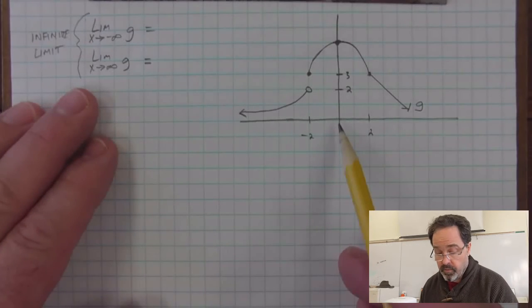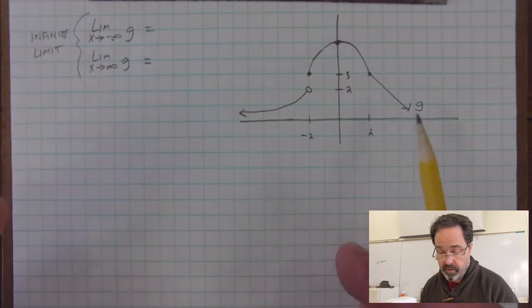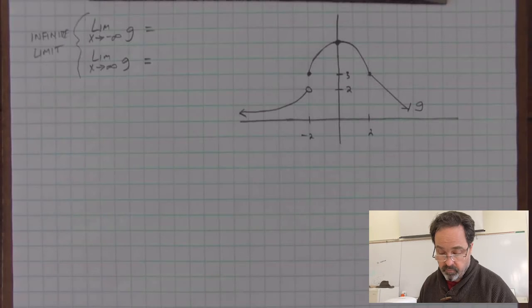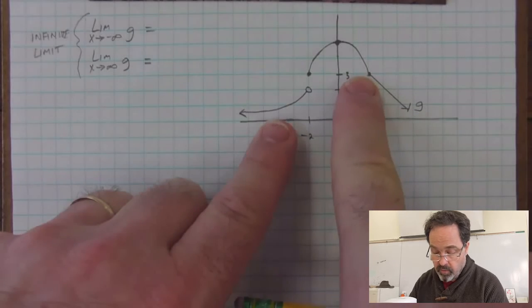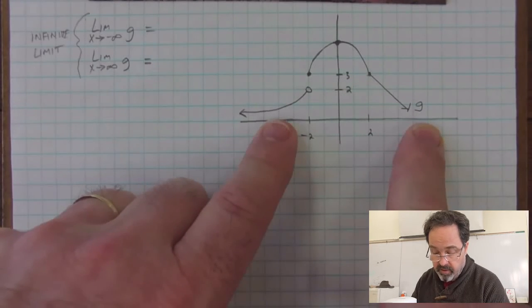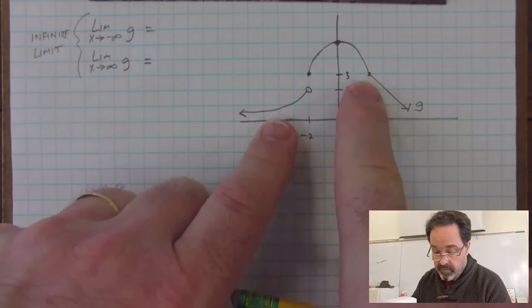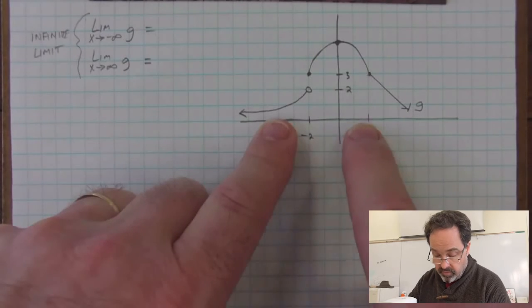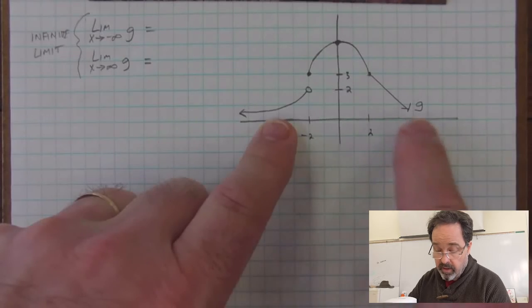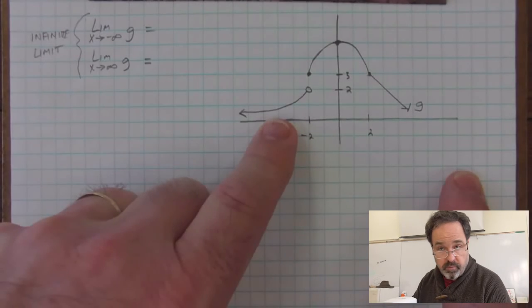Well, we're working with a graph, so we have to assume that the graph is a representation of g and may not be precise. But we're going to do the best we can in reading what is intended by these arrows. The graph continues in that direction. So as x increases or goes to infinity, I would imagine what this graph would look like if I was able to see it continue.